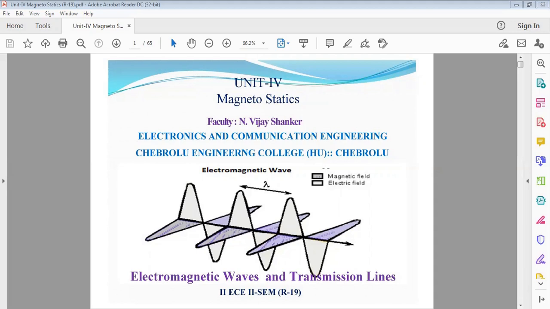Now let us go to another topic: the magnetic field intensity due to the infinite line charge.